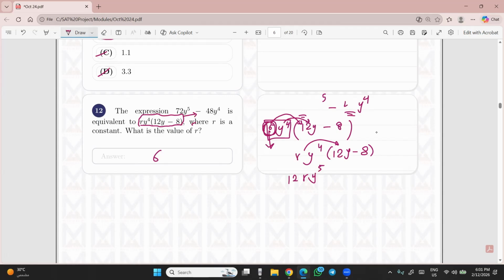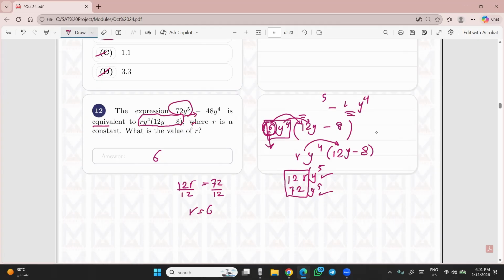If you just stop here and compare this with 72 y to the 5th, it means that these values are equal because y to the 5th is the same as y to the 5th, and this should be equivalent. Equivalent means equal. So 12r is equal to 72.